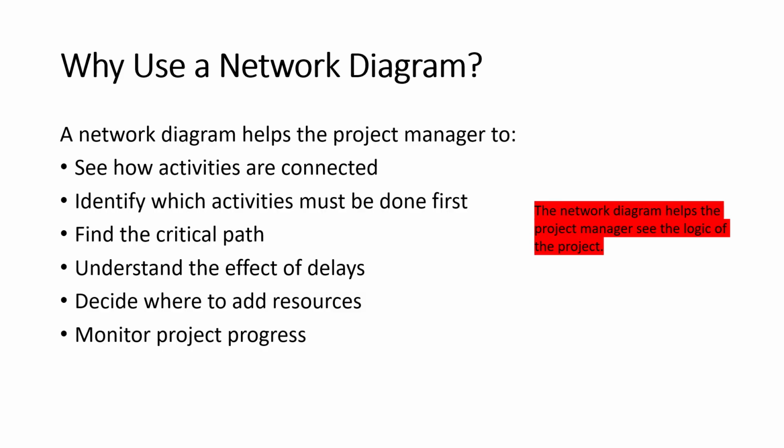The network diagram can also help decide where to add resources. For example, if a critical activity is delayed, the project manager may assign more people to do that activity. In short, the network diagram helps the project manager see the logic of the project clearly.